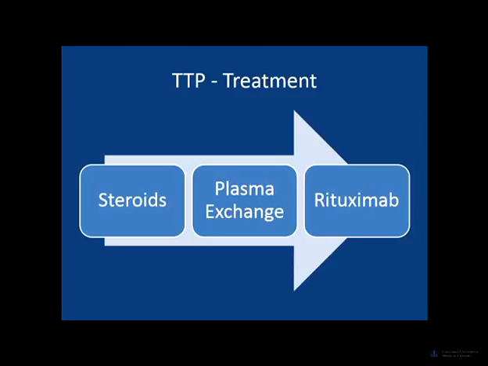Before we did plasma exchange, which was basically discovered in the early 1990s, the mortality rate for this disease was 90%. And so it is not unusual to treat patients for TTP even if you're not sure whether or not they have it, because you don't want to screw this up.